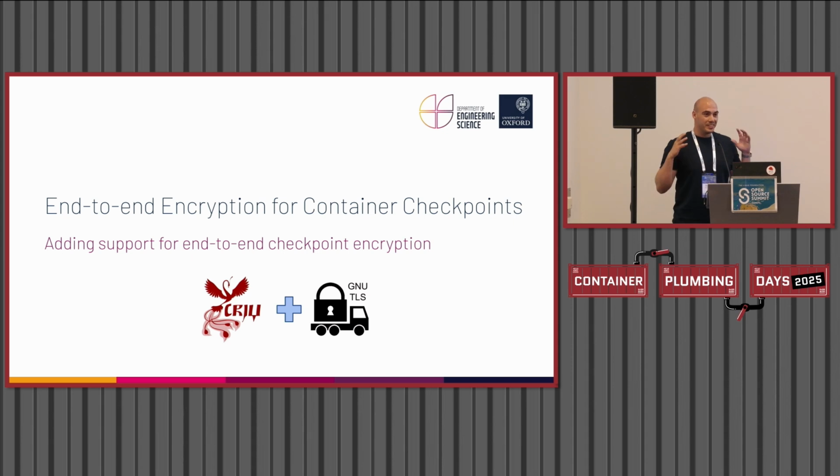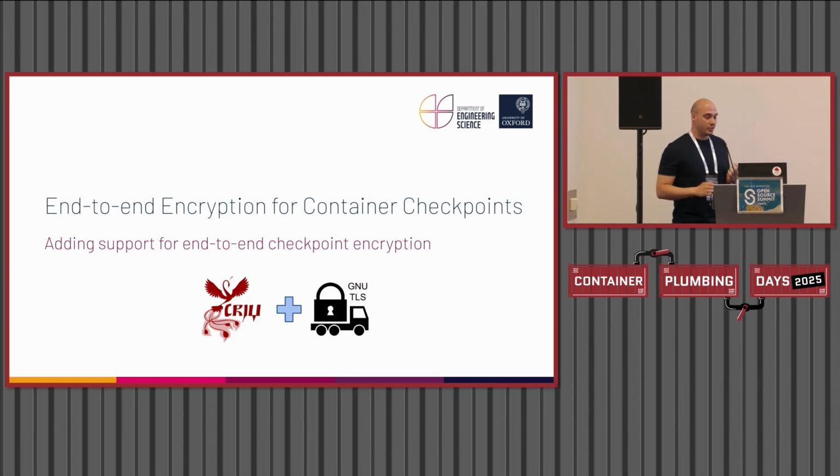The last challenge with checkpointing distributed training workloads is that they can be training on proprietary or sensitive data. When you create a checkpoint, you're capturing the memory pages of this application, and you don't want to expose this to untrusted users.